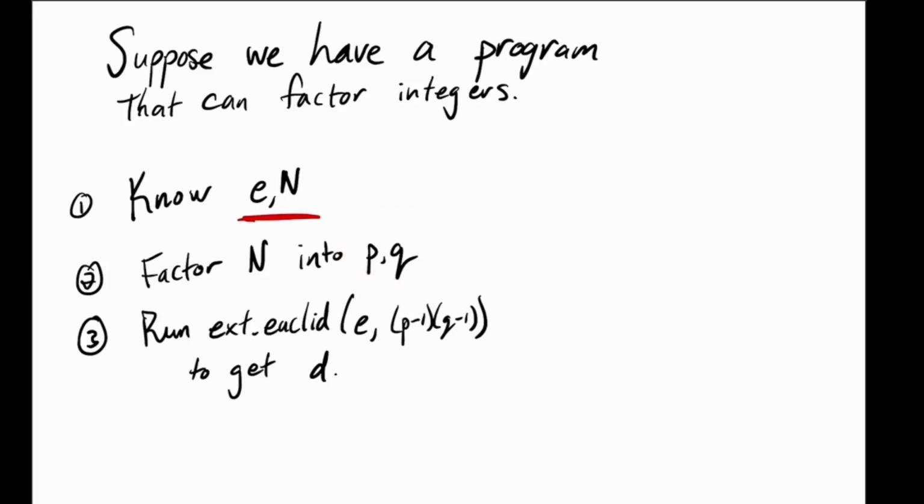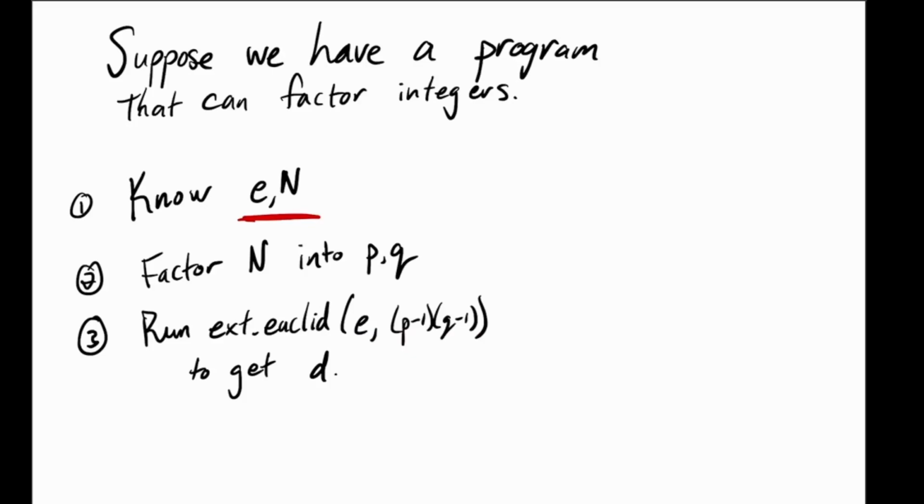And so if I know p and q, I know that phi of n is equal to p minus 1 times q minus 1. So I can play the same game that whoever generated the keys played, which means I can just run the extended Euclidean algorithm on the public key and phi, and I will get d.